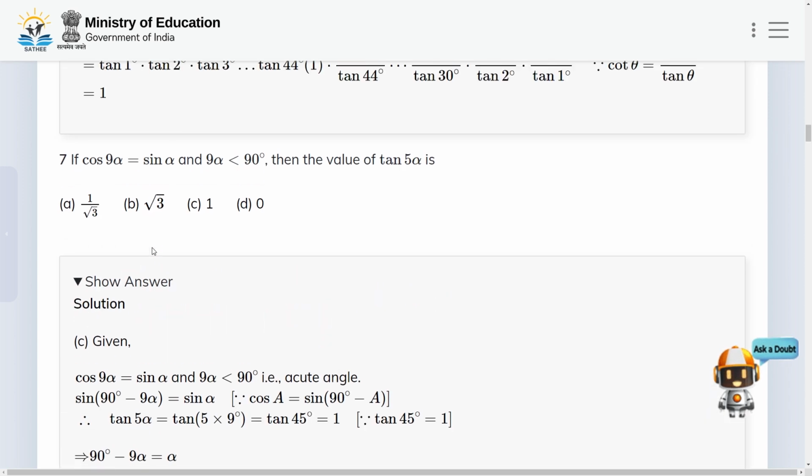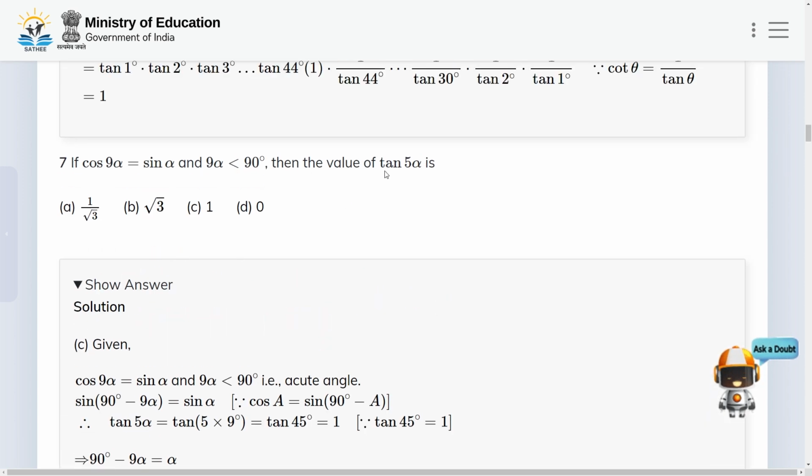Okay, so alpha is equal to 9 degree. Then tan 5 alpha is actually equal to tan of 5 into 9 degree, that is equal to tan 45 degree. Okay, and we know the value of tan 45 degree is equal to 1. Okay, so the value of tan 5 alpha is equal to 1, and here the correct answer is option number C. And now let us move to the next problem.